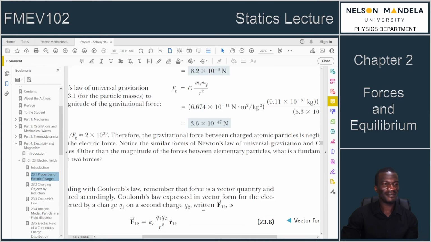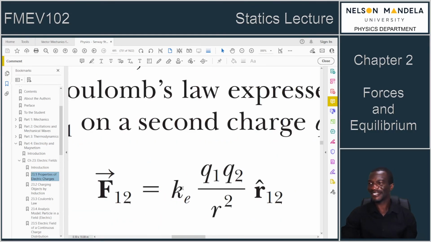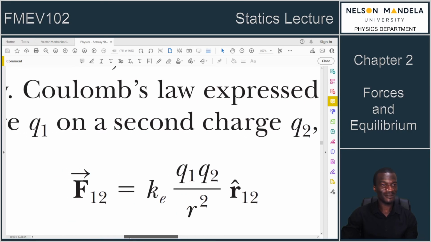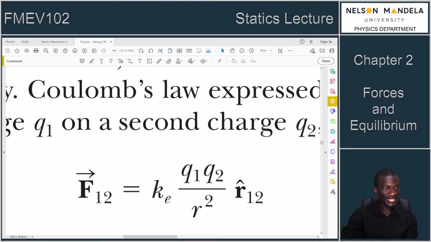Do you still remember this equation? This equation defines your electric force. This electric force is acting between 2 points. This vector here is the directional vector.